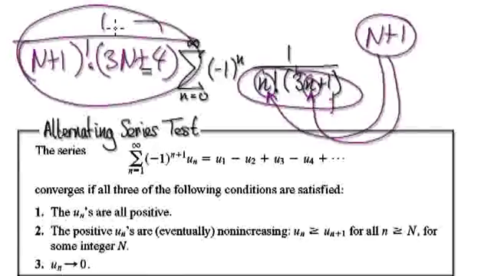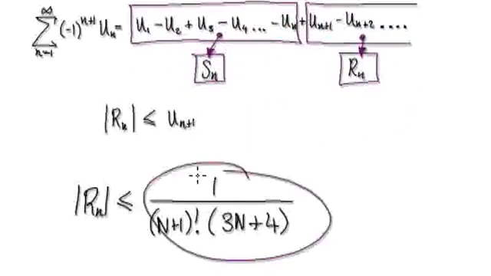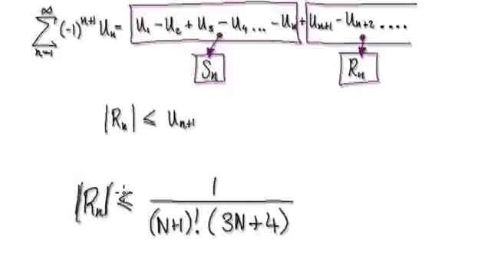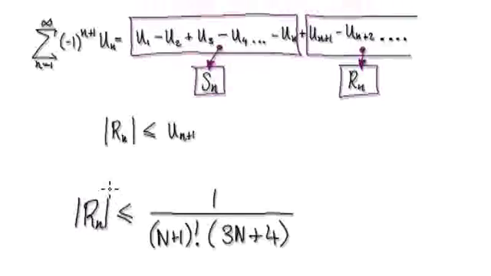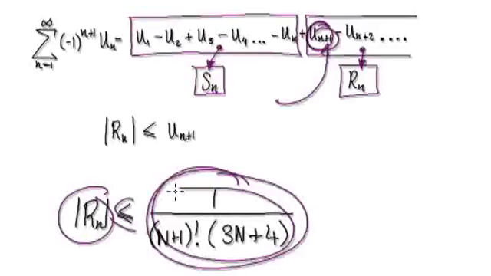So the next term will be this. Our remainder, there's a theorem that says, will be less than or equal to the next term, which is given by this.